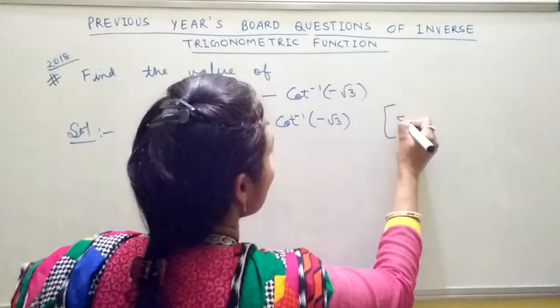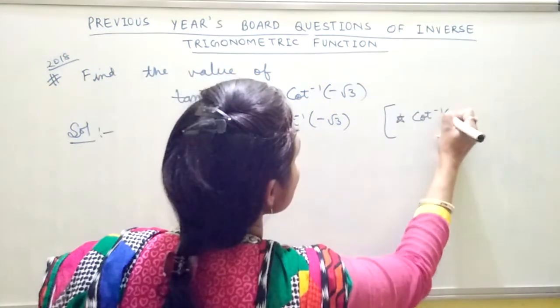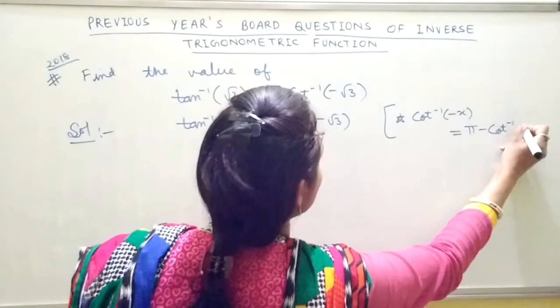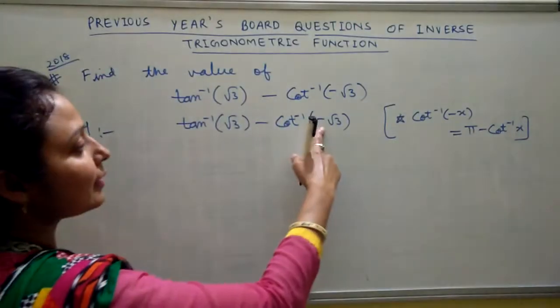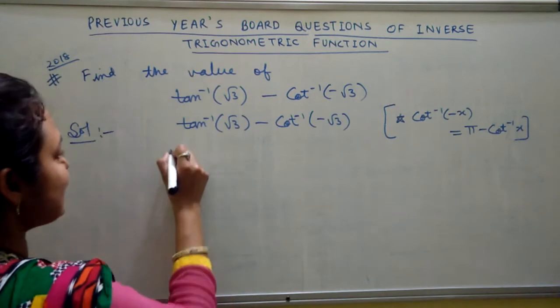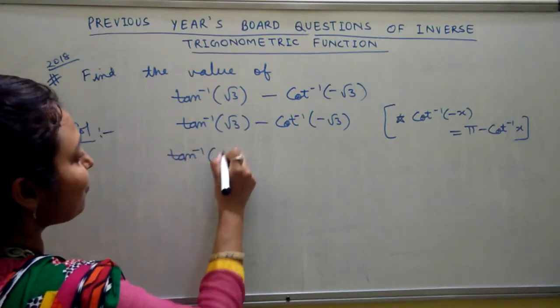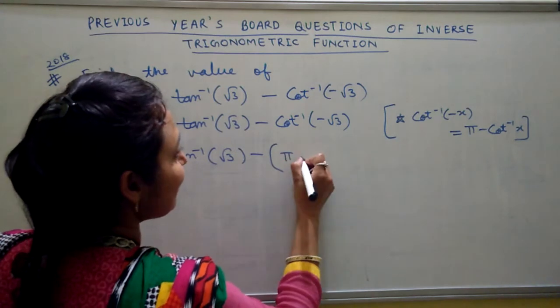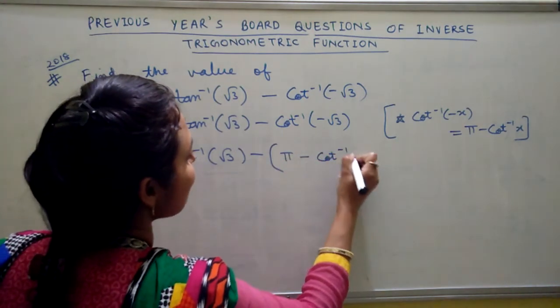You all know what is the value of cot inverse minus x. That is equal to pi minus cot inverse x. Can we write this cot negative x into this form? Yes. Tan inverse root 3 minus, I will start with pi minus cot inverse root 3.